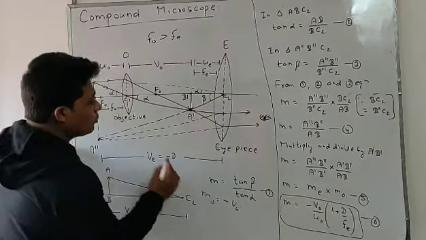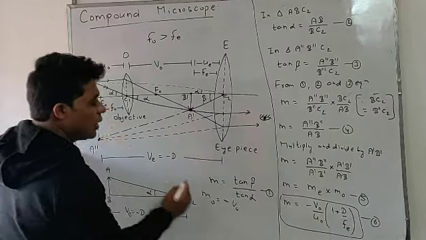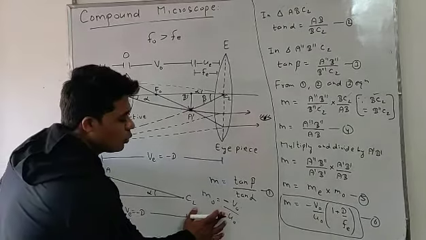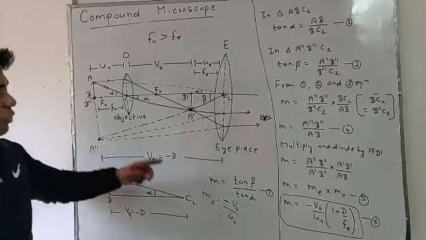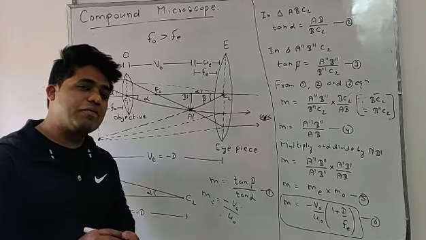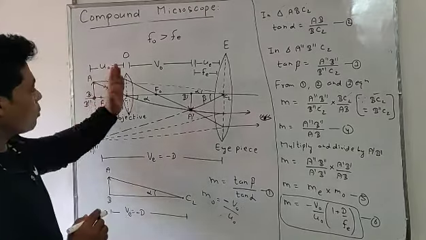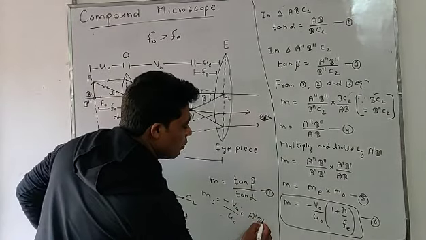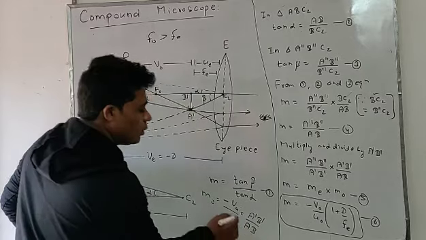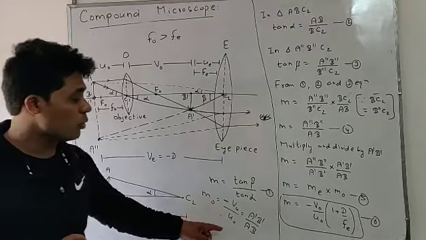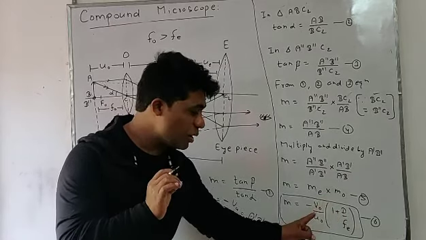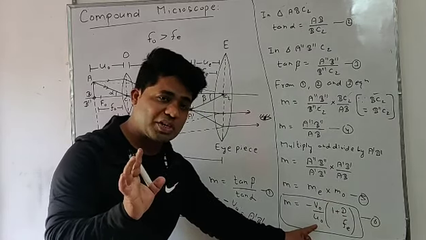And AB is the height of object, that is U naught. That is erect, so we use the positive sign. So the magnifying power of the objective lens, m naught, is A dash B dash by AB, that is actually minus V naught by U naught. So here instead of m naught we write minus V naught by U naught, isn't it?